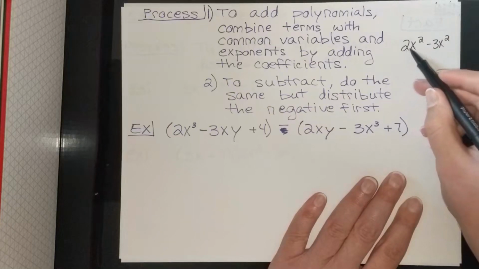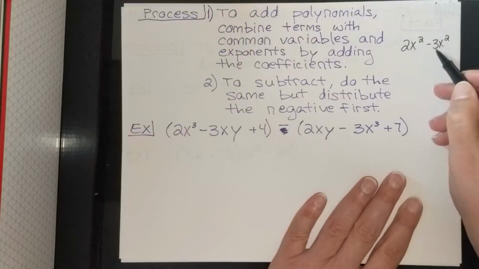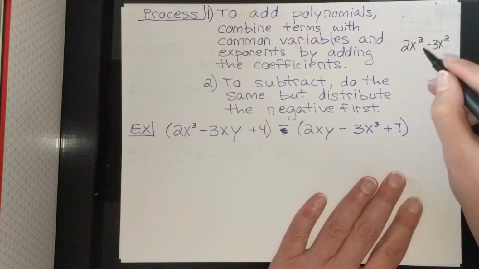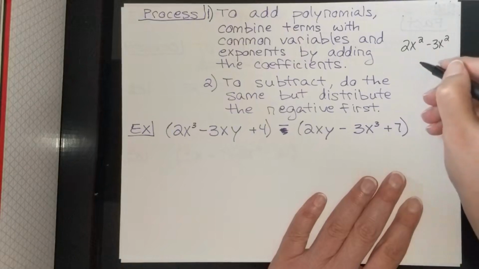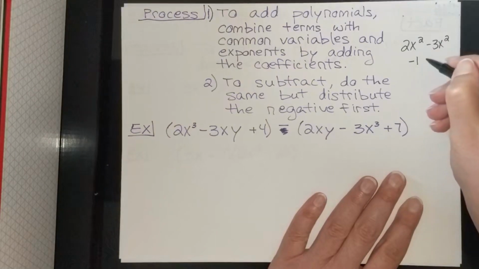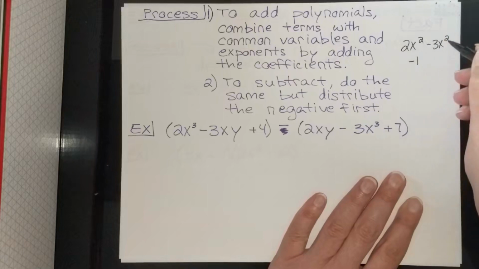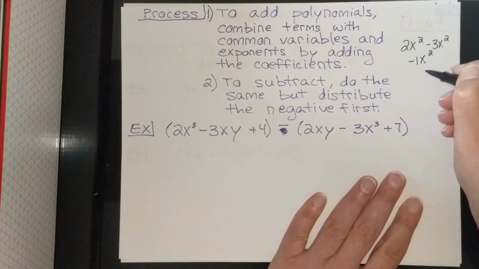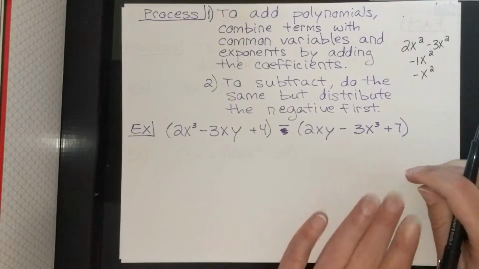So we combine the coefficients in front, the constants, the 2 and the negative 3. 2 minus 3 gives us negative 1, and then we keep the term x squared. Negative 1x squared, which is just simplified down to negative x squared.